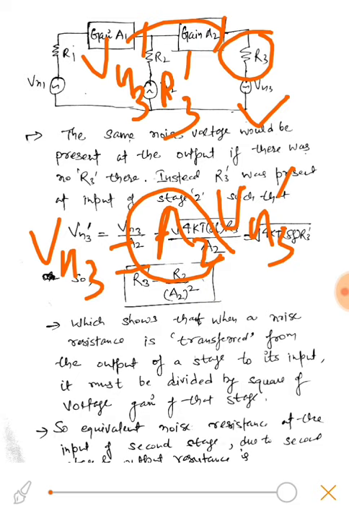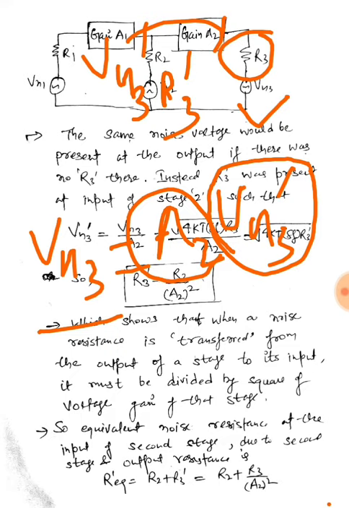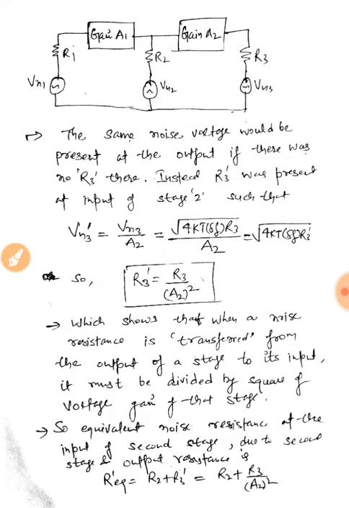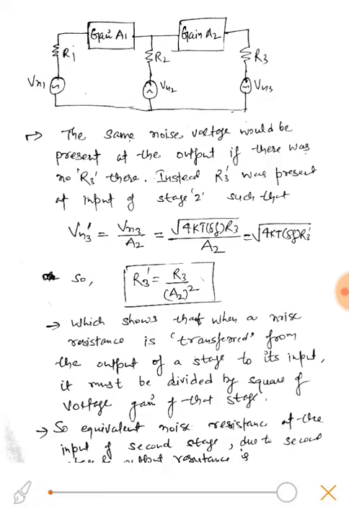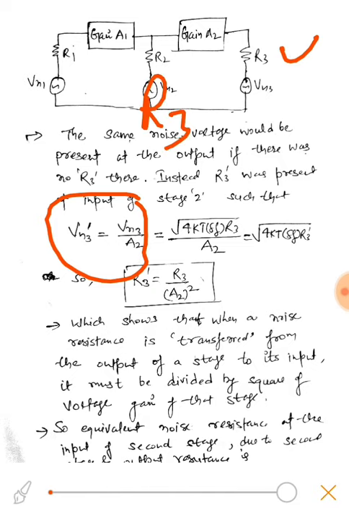So if Vn3 dash is the noise voltage at the input of this amplifier, then at output it will be Vn3. So this is how we have calculated Vn3 dash. If instead of R3 we have a resistance R3 dash at the input, Vn3 dash would be Vn3 divided by A2, which comes out to be under root 4kT delta f R3 divided by A2.